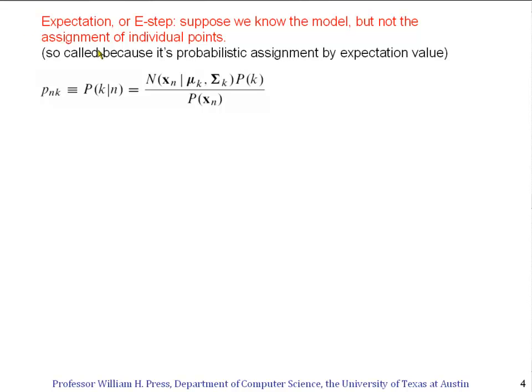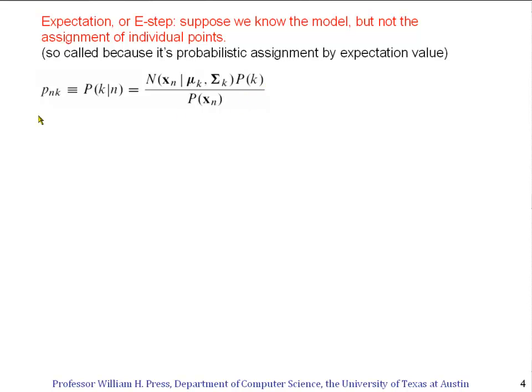And the E step says, suppose we know the model, we know the Gaussians, we know their locations, their means, and their covariance matrices, and we even know what their relative weights are, what the p of k's is, the probability of a point lying in each of the Gaussians.